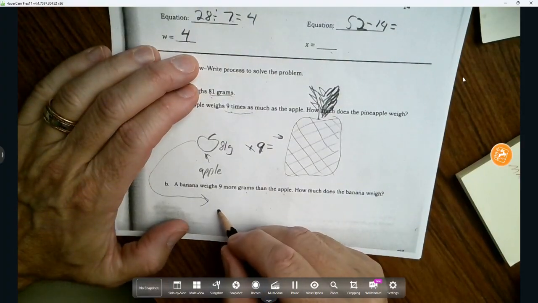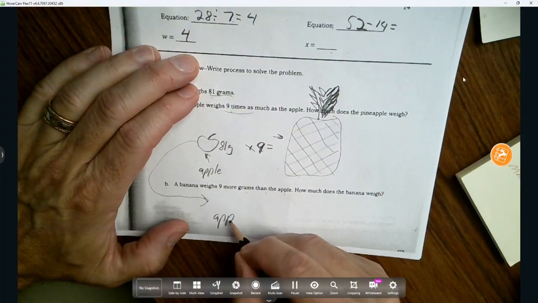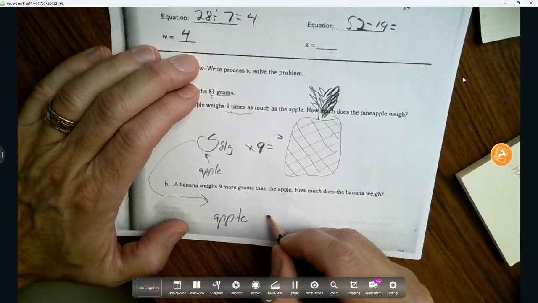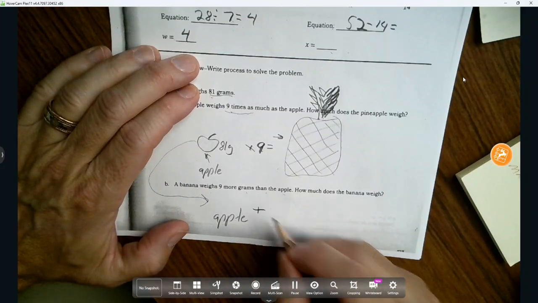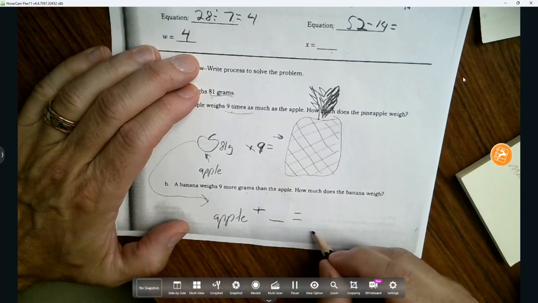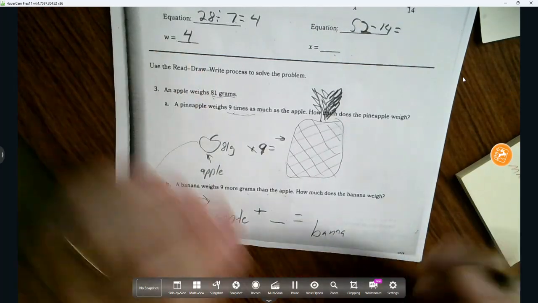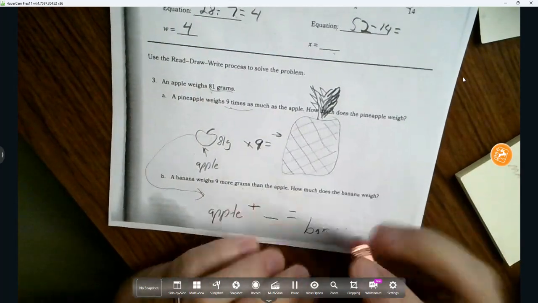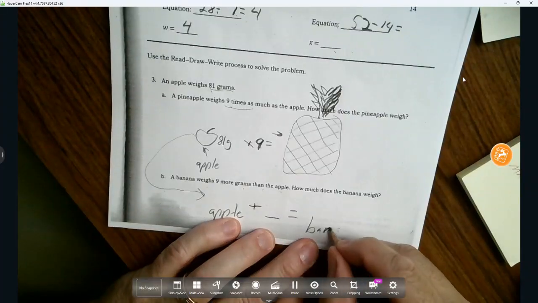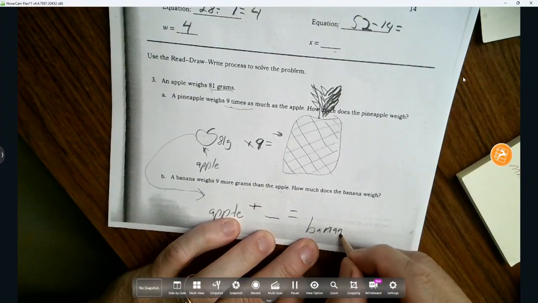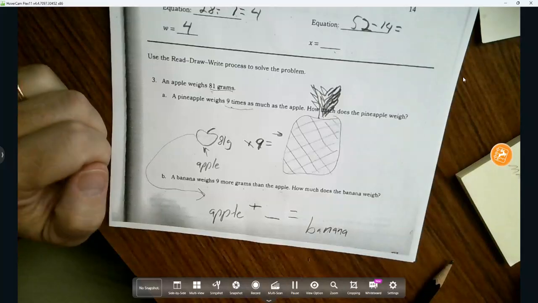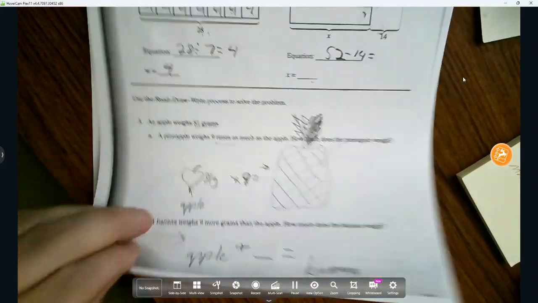So apple, and then we have 9 grams more. How many grams more equals banana? I spelled it wrong. I'm in a hurry. My alarm just went off. We have an assembly in a minute. B-A-N-A-N-A. There we go. Figure that one out. Let me know how that goes for you.